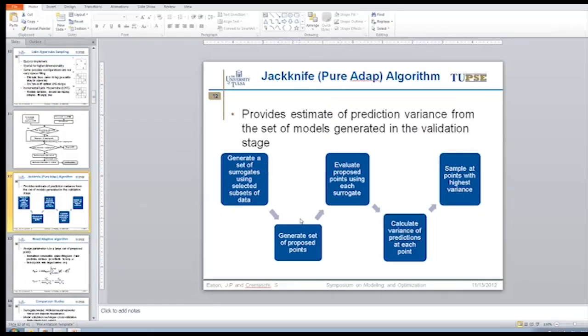But with a neural network, how do you calculate that? It's through this process right here, where we take our cross-validation sets and evaluate each cross-validated neural network at a proposed point and then look at the variance of those predictions. Okay, so it's based on your cross-validation: you have multiple cross-validations, and you average them. Yeah. Okay.